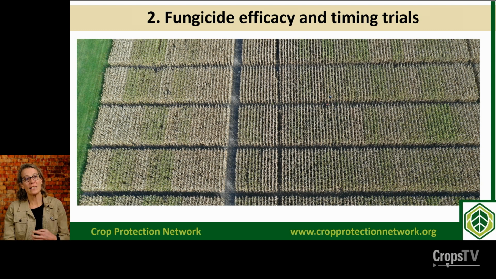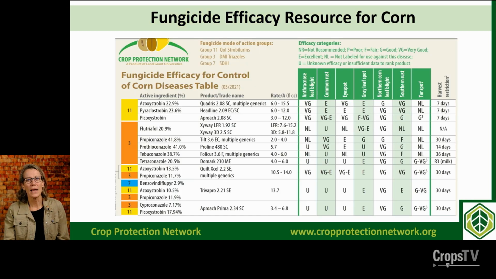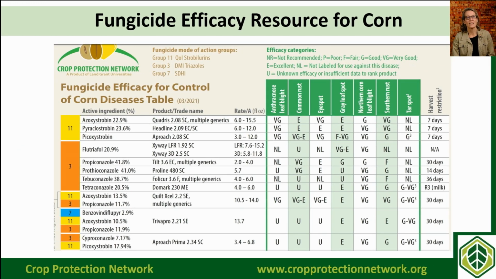The data that you'll see is from the Crop Protection Network, and it includes data from a number of different states. A reminder that we do have this publication on the Crop Protection Network, the fungicide efficacy for control of corn diseases, which is updated every year based on our experience with the previous year's fungicide efficacy trials and what we saw in each of our states.